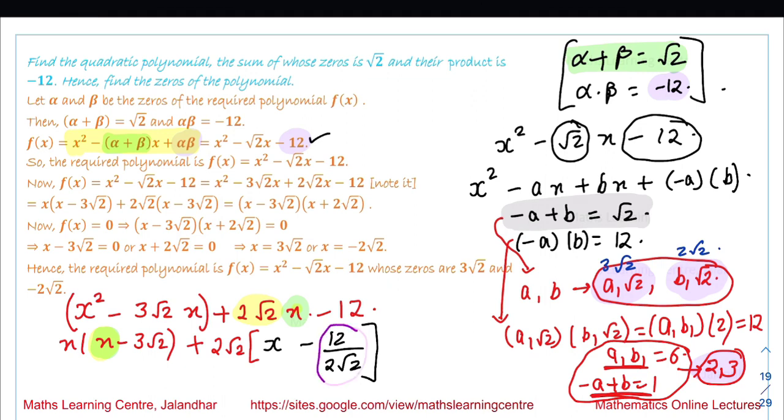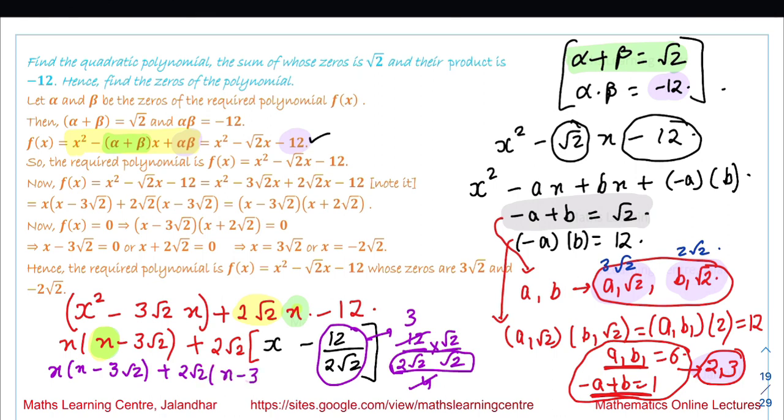Look at this term over here. It is 12 over 2 root 2. We rationalize this, it is root 2 over root 2. This term will become 4. These two will get cancelled and we are left with 3 root 2. So what we get is x minus 3 root 2 plus 2 root 2 into x minus 3 root 2.